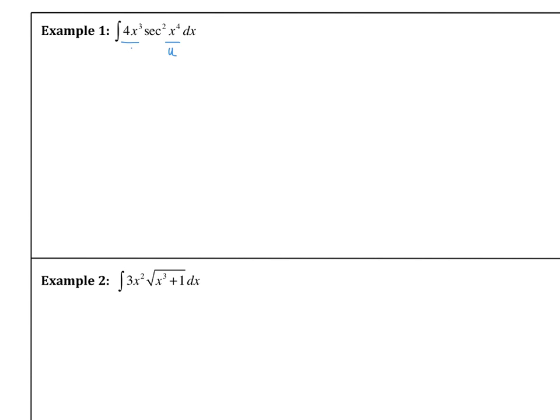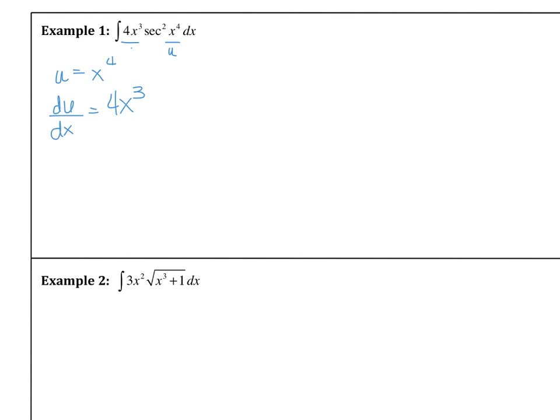So let's start to rewrite based on those definitions. So here we'll say that we know that u should be x to the fourth. And now if we calculate du dx from that definition, du dx is simply 4x cubed.